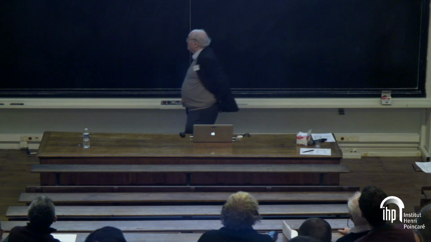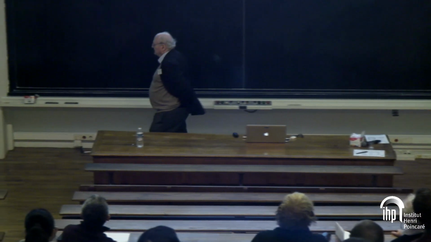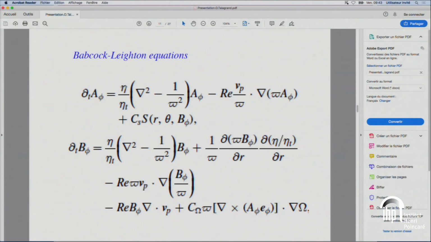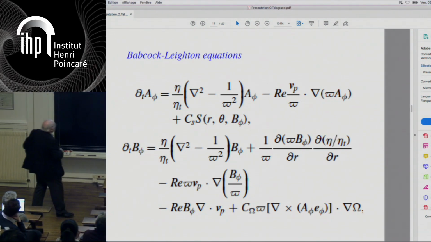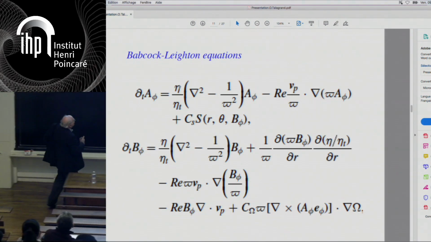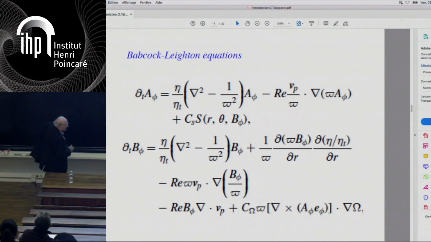With the equations of the Babcock-Leighton models, I say frankly that I don't fully understand all the terms in the equation. But this work has been done with colleagues from several institutions, Sacha Brun, Alexandre Fournier, and others, and these are the people who know best the physics behind the equations.